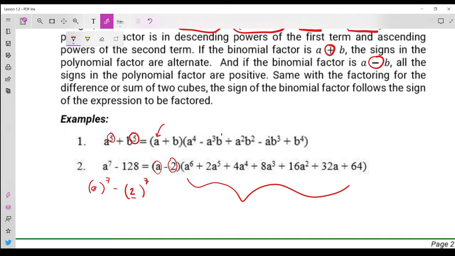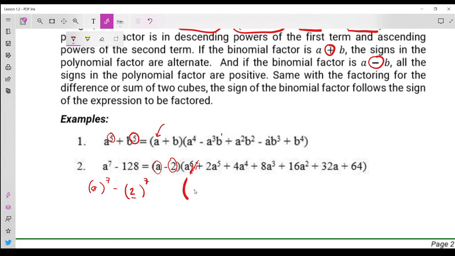ascending, meaning increasing. So you have your a raised to 6, our 2 here, exponent of 2 is 0 and it's just equal to 1. So a raised to 6, then 2. Here we can write this one out, maybe, to wonder.